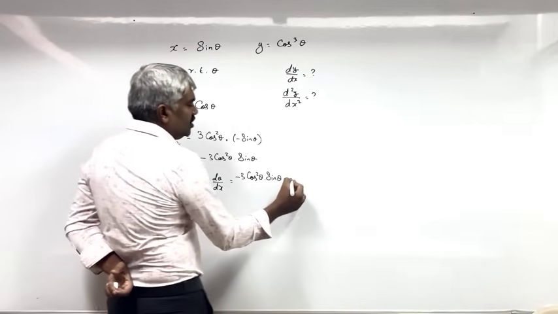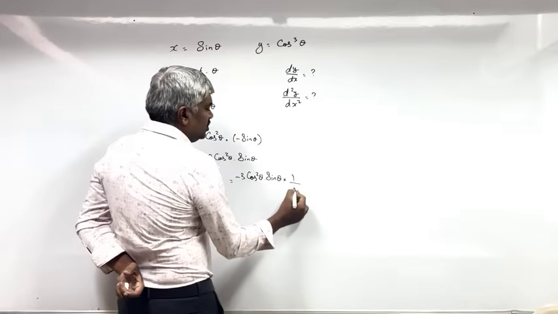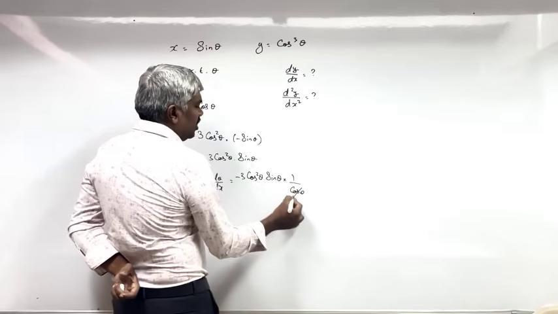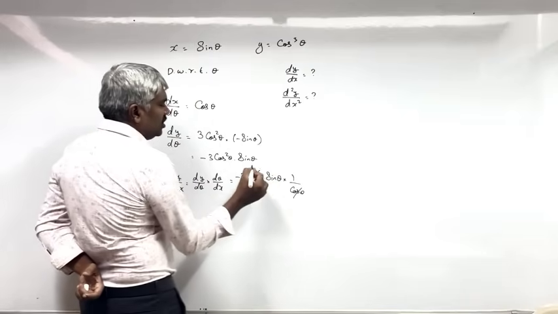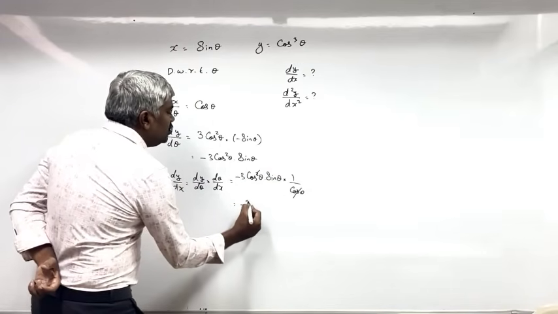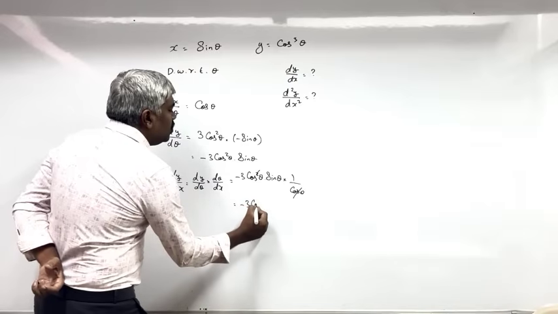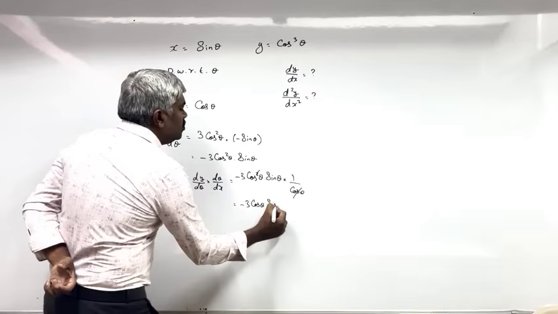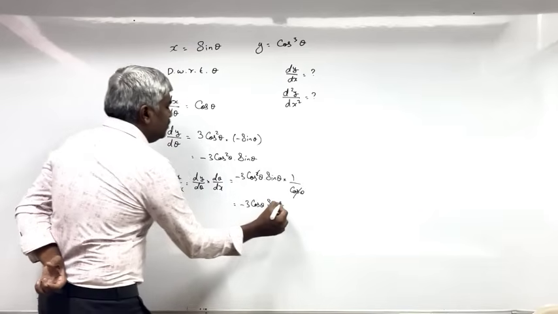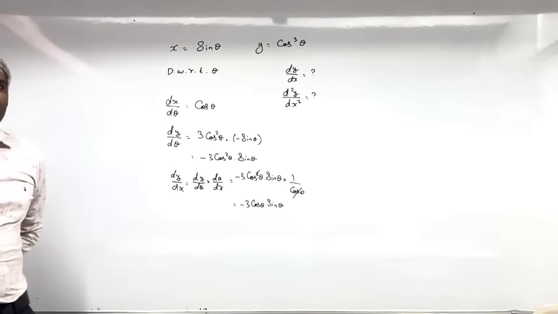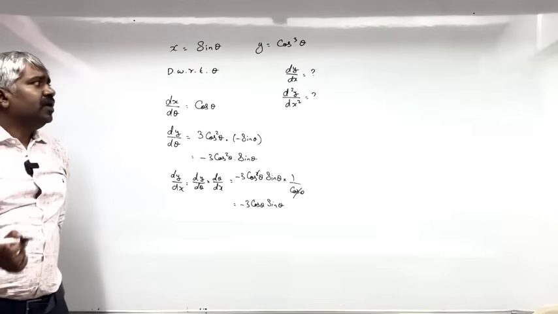Reciprocal of this term, which is 1 by cos theta. You can cancel cos thetas. So minus 3 cos theta into sin theta. This is dy by dx.